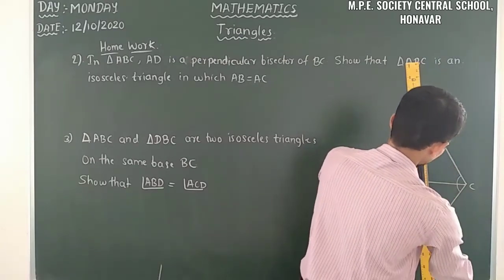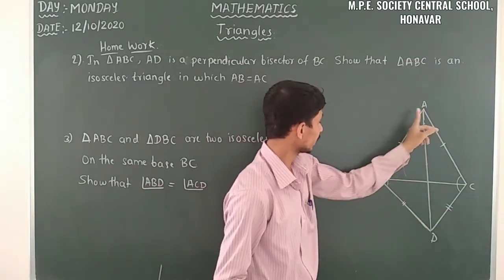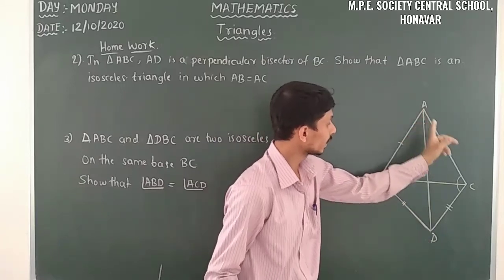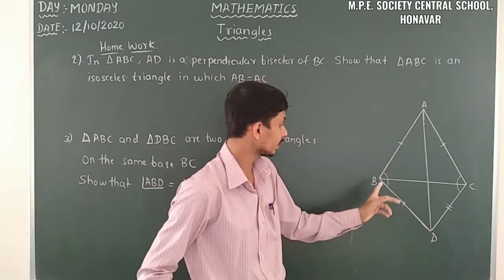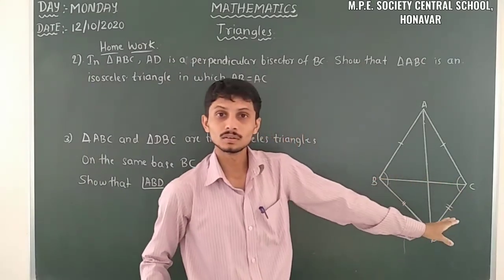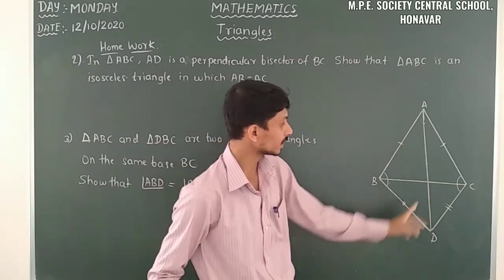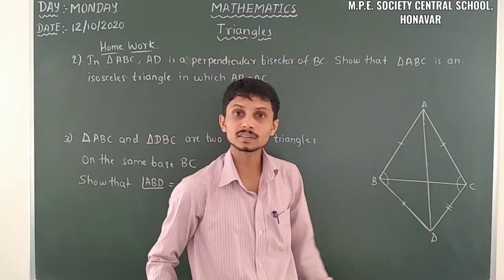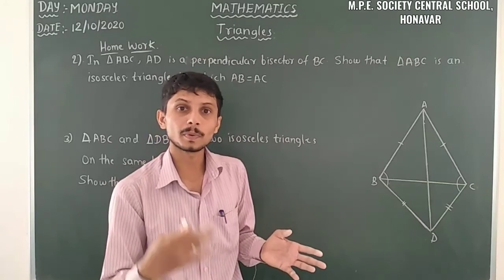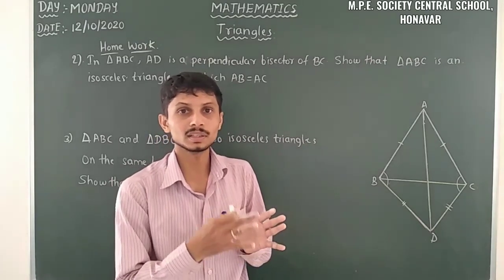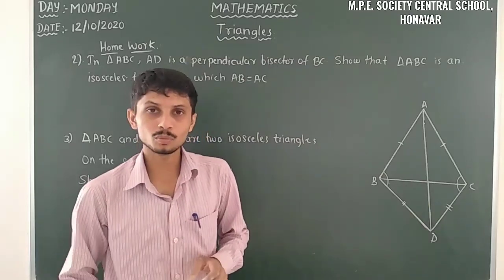Now when we take those two triangles, these two become corresponding parts. Then we can take these two sides are equal, these two sides are equal, and look at what other possibilities there are to take those two parts equal. So we have to look at the corresponding parts. So try to do those two homeworks.